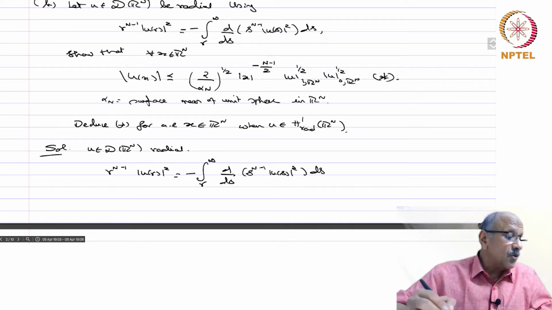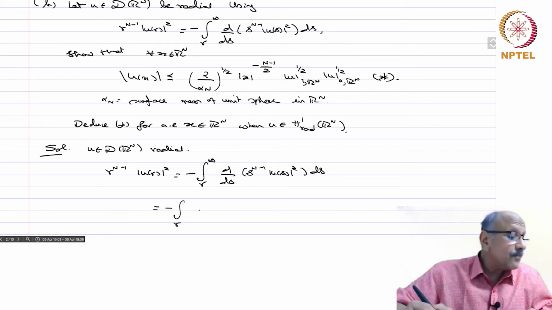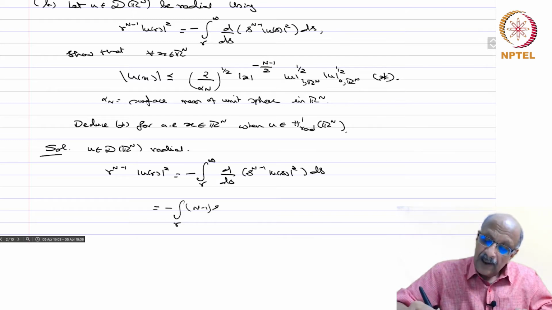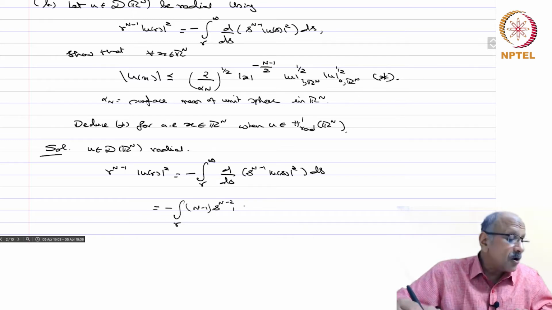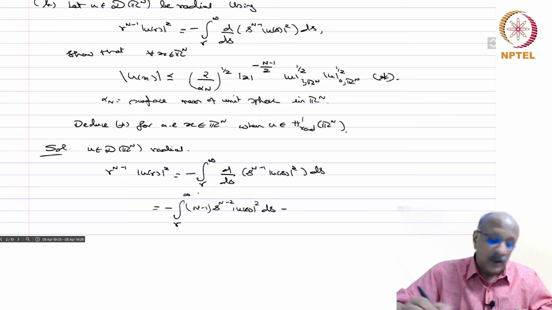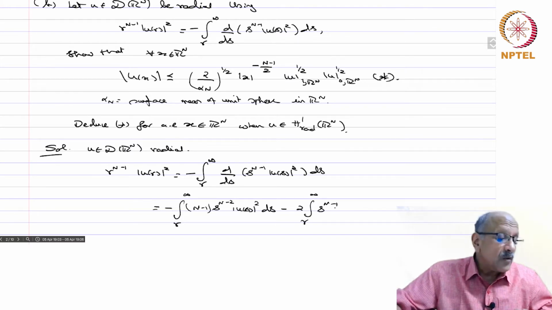So that is equal to minus the integral over r. So I am going to just differentiate that. So (n-1) s^(n-2) |u_s|^2 ds, so the integral from r to infinity, minus 2 times the integral from r to infinity of s^(n-1) u(s) u'(s) ds.